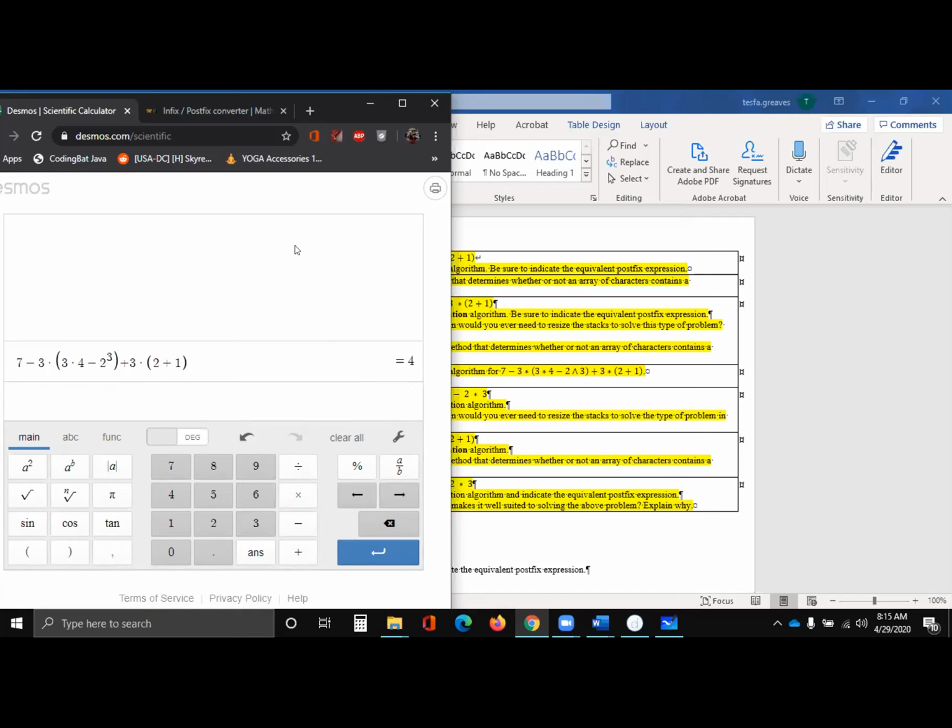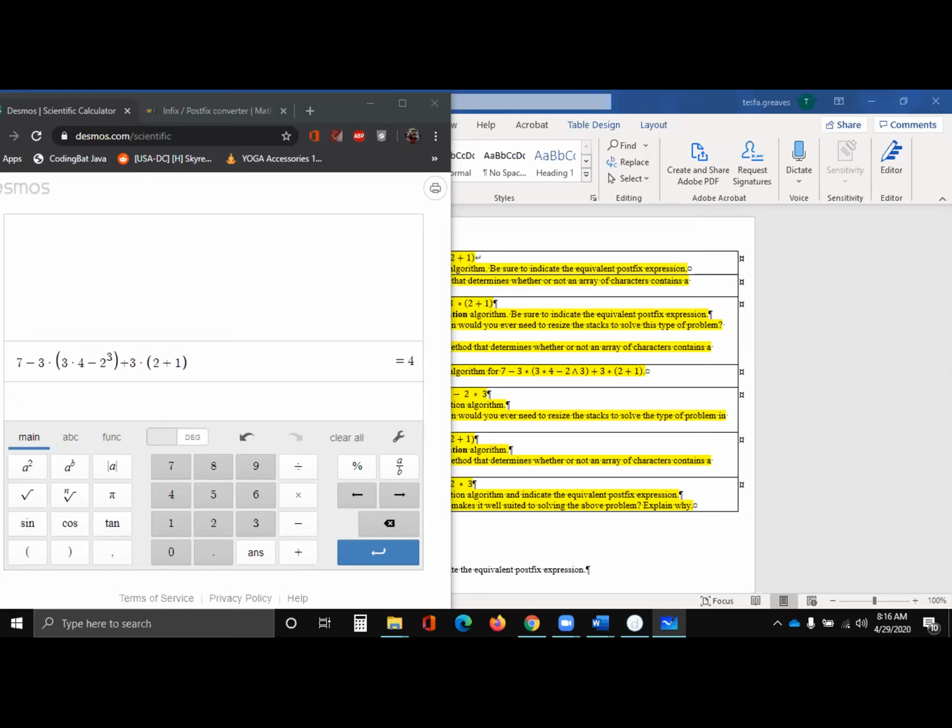The next part of the problem is going to be the actual calculation of the Postfix. With doing Postfix, it's a bit tricky. It's tricky because if you don't understand it, you could make a mistake simply somewhere and it'll mess up everything.